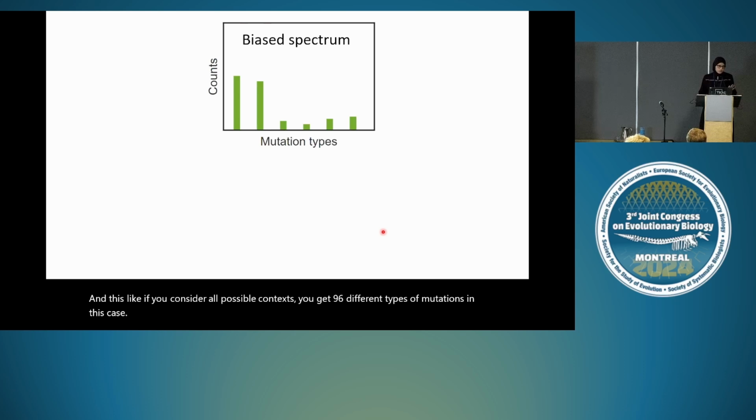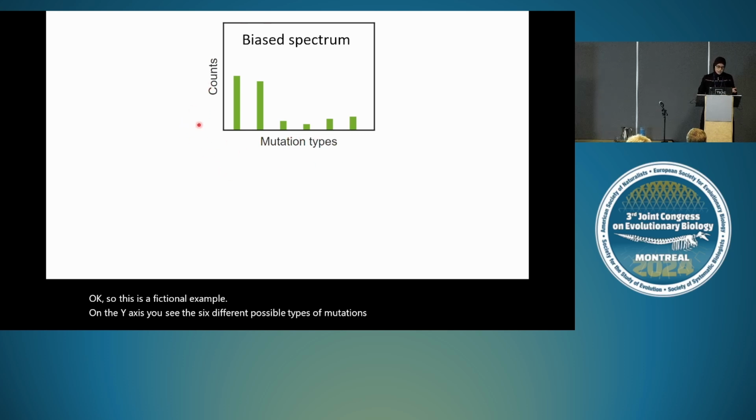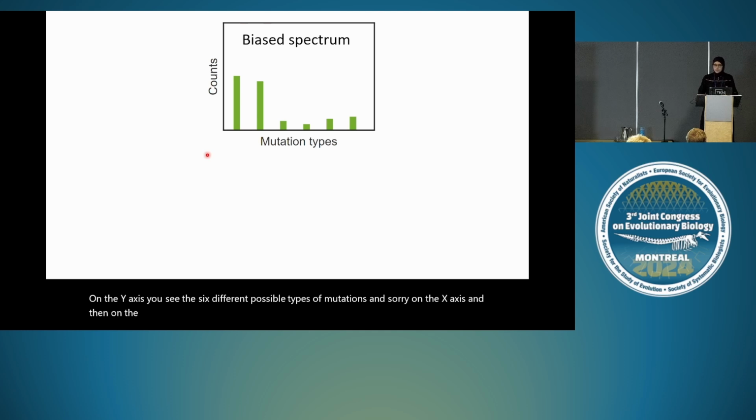Okay, so this is a fictional example. On the x-axis, you see the 6 different possible types of mutations, and on the y-axis are the counts in a given sample. If this spectrum was not biased, then all the bars would have the same height. But this spectrum is biased because these two types of mutations are oversampled compared to these rare mutations.